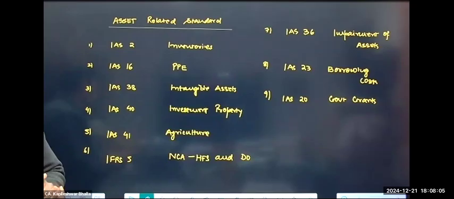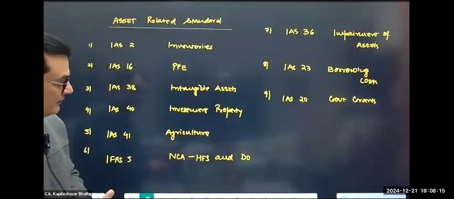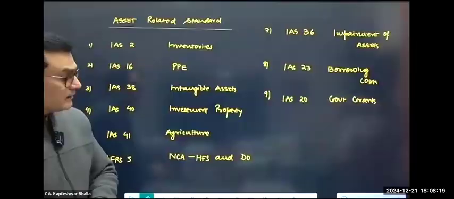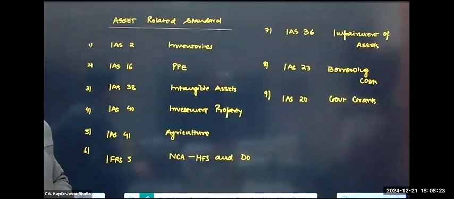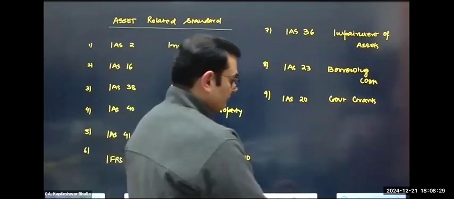Excuse me, sir, what is next to NCA? Held for sale. It is called HFS, held for sale, and that's discontinued operations. Right. Can I go further?